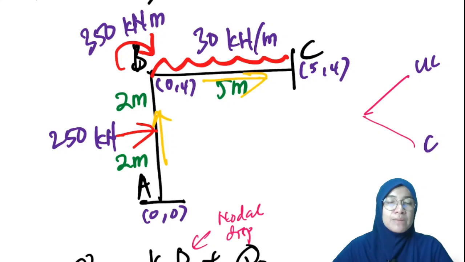Same goes for member BC. Member BC has a UDL of magnitude 30 kilonewton per meter, and we need to analyze this using the formula and divide this value into the equivalent element nodal forces. We will use the formula given in appendix page 3.